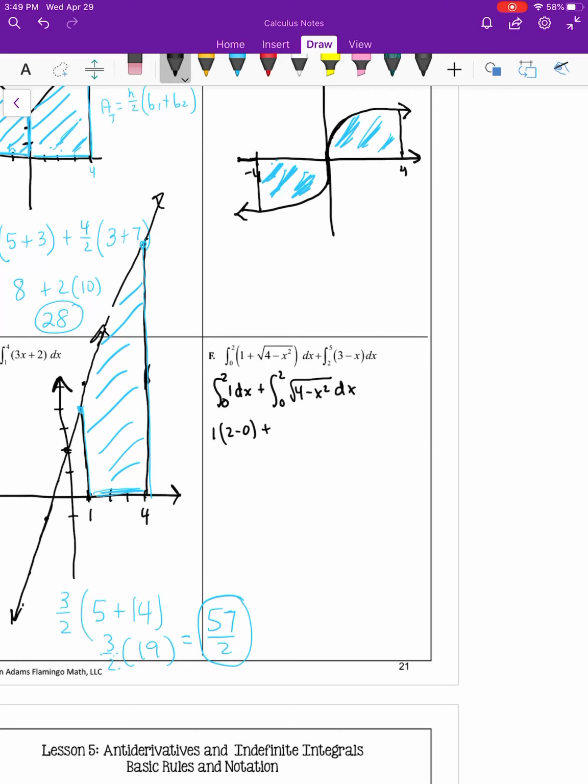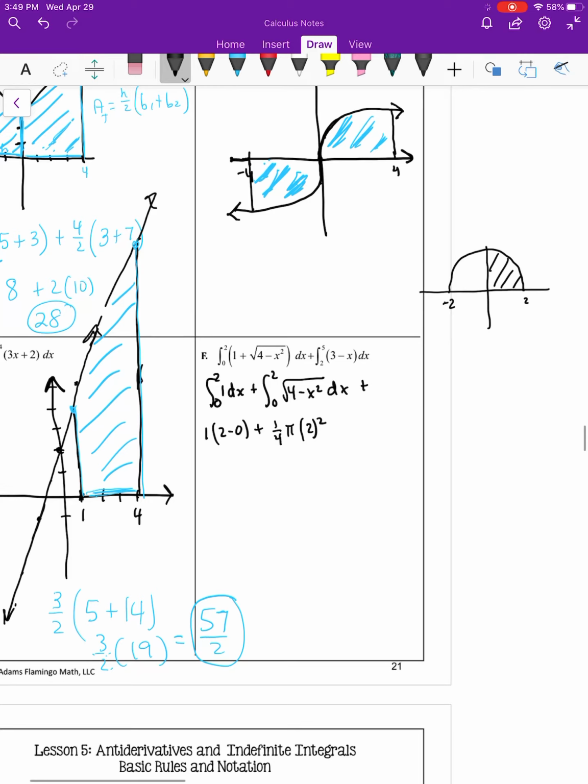Okay, I'm okay with doing that, right? This is going to be 1 times 2 minus 0 plus, and now if you remember correctly, this was the half circle, right? But this time we're only going from 0 to 2. So this is going to be 1/4 pi r squared. Okay? It's only a fourth of it from 0 to 2.